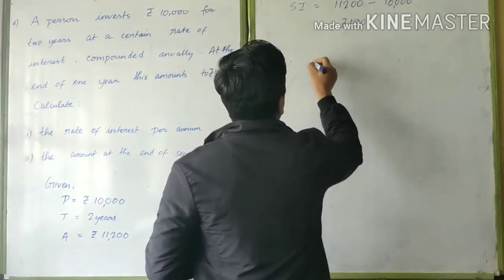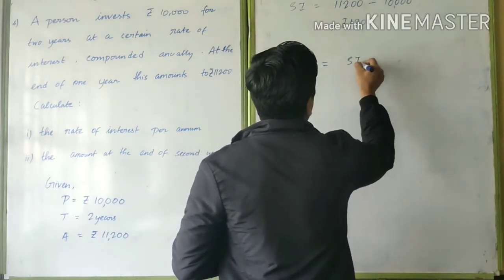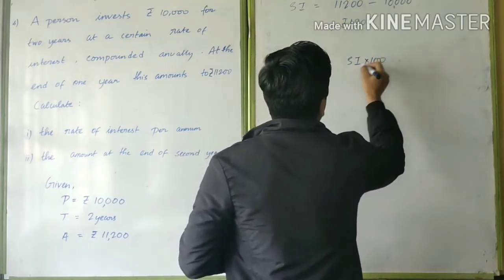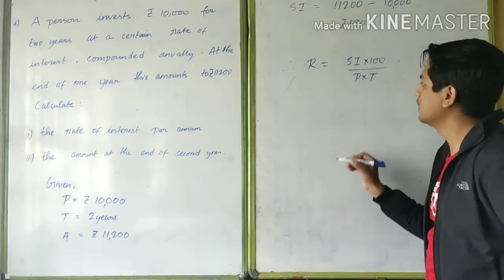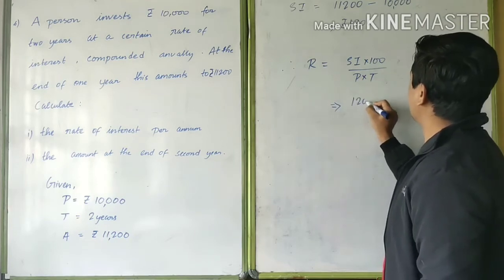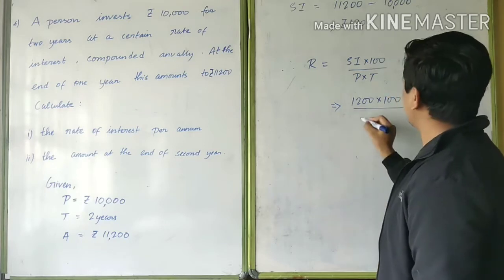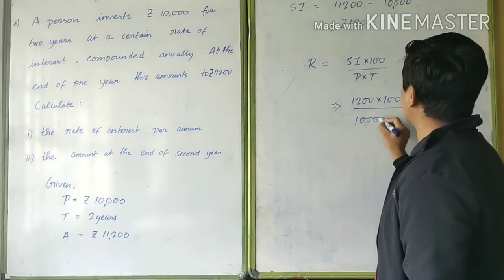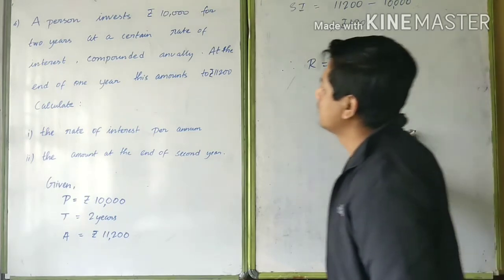Therefore, we know the formula of rate, that is SI into 100 divided by P into T. So my SI is rupees 1,200 into 100. My principal is rupees 10,000. So the time will be 1 year. Why are we using 1 year?